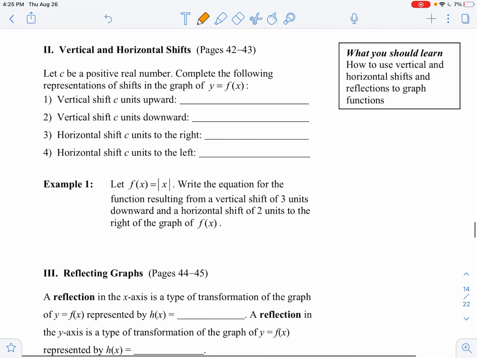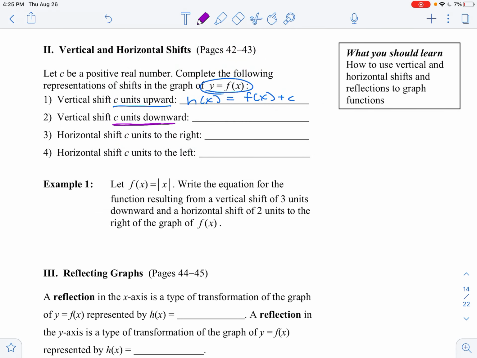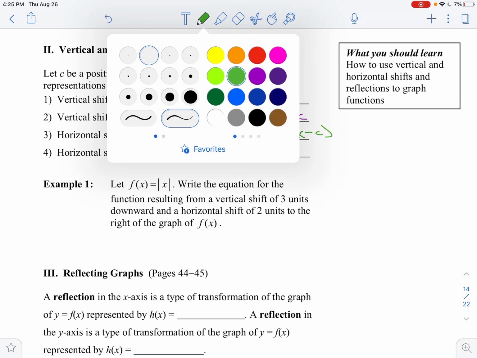So let's talk about vertical and horizontal shifts a little bit more. Vertical shifts upward will be like h of x equals f of x plus c. So if it's plus c, it's up. If it's downward, it will look like f of x minus c. If it's a shift to the right, it will look like f of x minus c inside the parentheses.